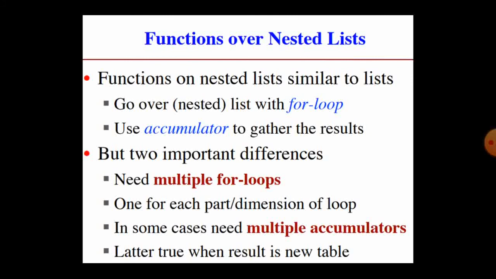We need multiple for loops for the nested list, one for each dimension of the list. In some cases we need multiple accumulators also. We need multiple loops to access the nested list.